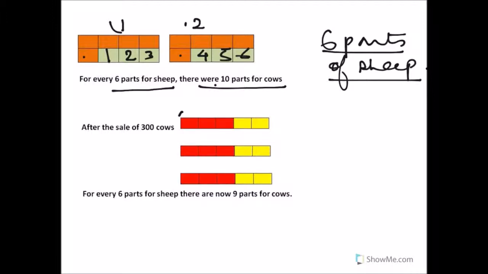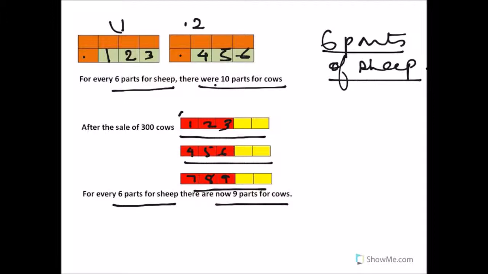Here also we repeat the same combination 3 times. For every 6 parts of sheep, there are now 9 parts of cows. So, when the 300 cows were not sold, there were 6 parts of sheep and 10 parts of cows.